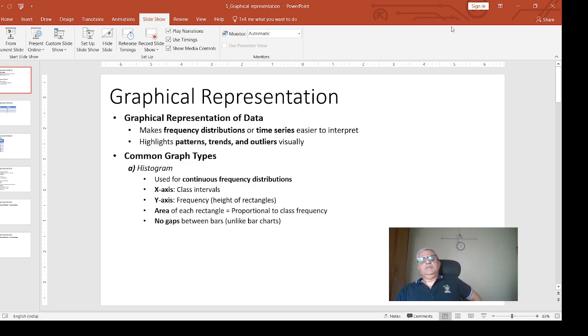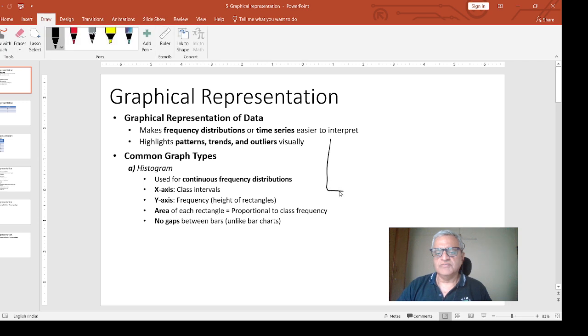So among common graph types, as I said, we are going to look at the histogram. It is basically used for continuous frequency distributions. We know what continuous frequency distributions are. Class intervals are depicted on the x-axis. Just to give you an example, this is the x-axis and this is the y-axis.